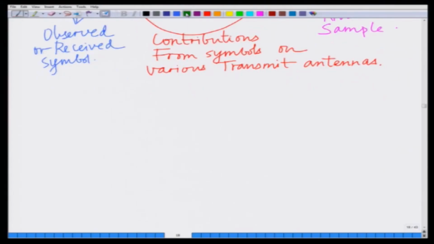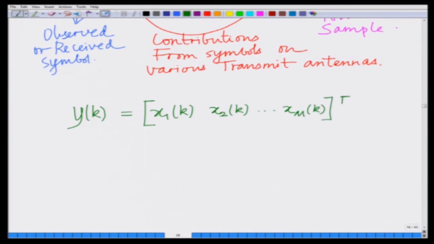I can write it succinctly again using vector notation, we are already familiar with vector notation. yk equals the row vector x1 k, x2 k, up to xm k, times the vector h1, h2 up to hm.